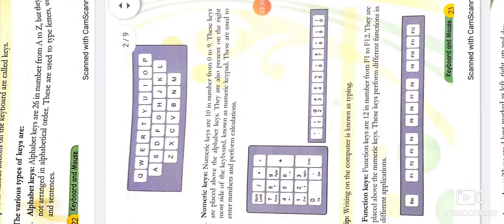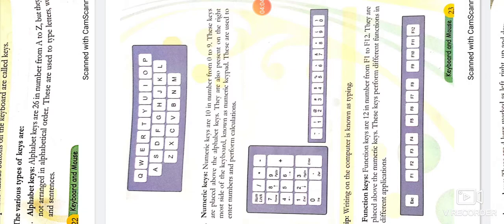So how do they help us? They help us to do calculation. These are used to enter numbers and perform different calculations. So that is why they are present on the rightmost side of the keyboard. All right, my dear students, I hope this is clear with you.